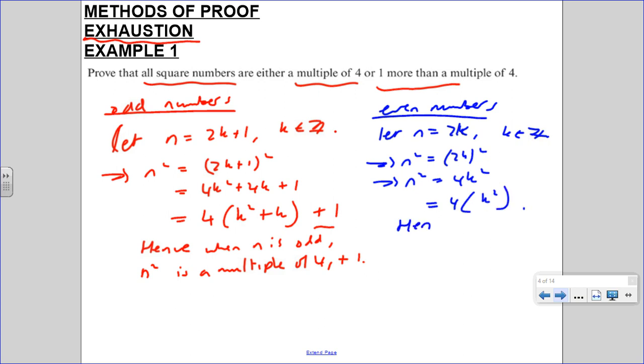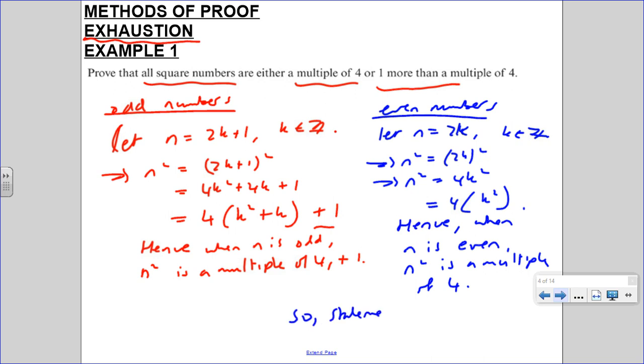And therefore, hence, when n is even, n squared is a multiple of 4. So the statement is true by exhaustion. Sorry, my writing really sucks.